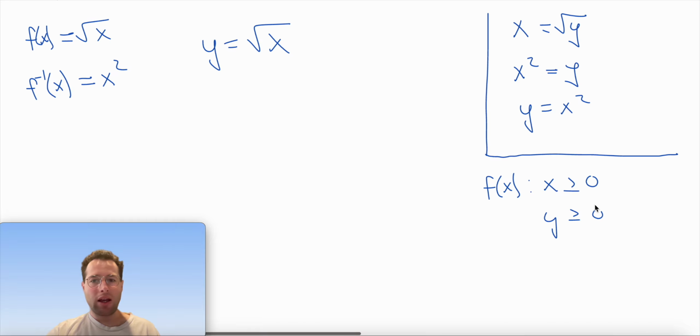Okay, and now let's consider the f inverse of x. And in this case, the domain, we would say, oh, well, the domain can be all real numbers. But that wouldn't line up with the range from our previous one. And so we're going to have to modify this in some sense.